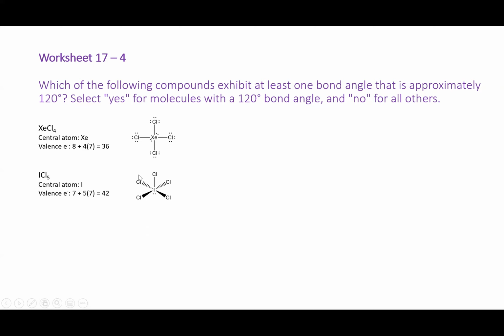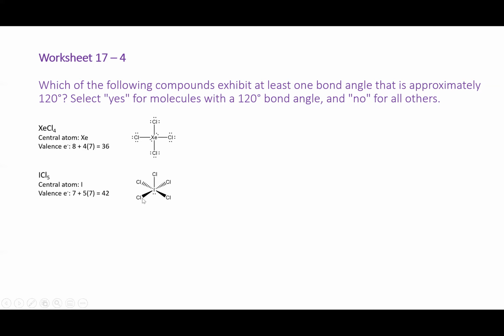And because there are 5 chlorines that are directly bonded to the I, 5 times 8 equals 40, so if you subtract that from the 42, you're left with 2. So both electrons go to the iodine. And in this case, we have a pyramidal structure, or geometry, here where these atoms are about 90 degrees away from each other.